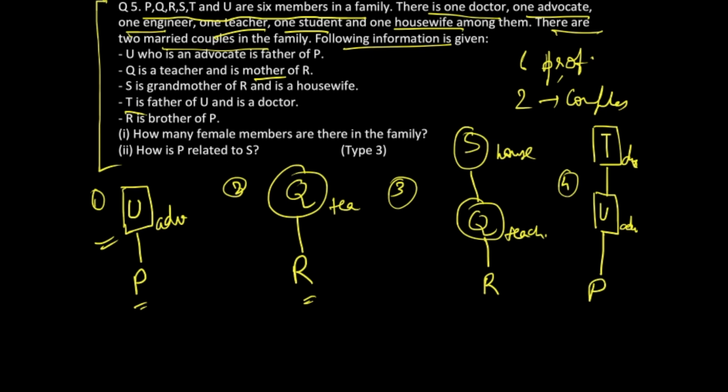Now it is saying in the next step that R is brother of P. So if you add all the points, you will find that R is related to P, right? And he happens to be brother of P. So R is a male member, right? So now we have found out all the 6 members and we now have a family tree which is complete, right?